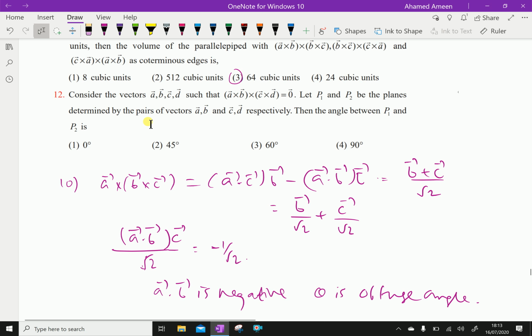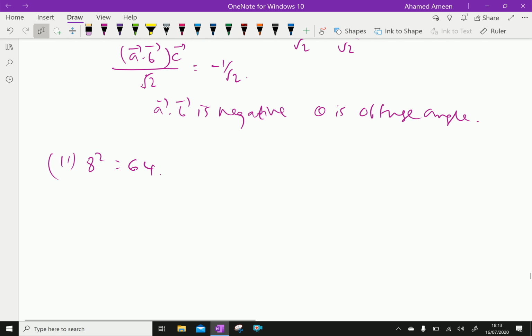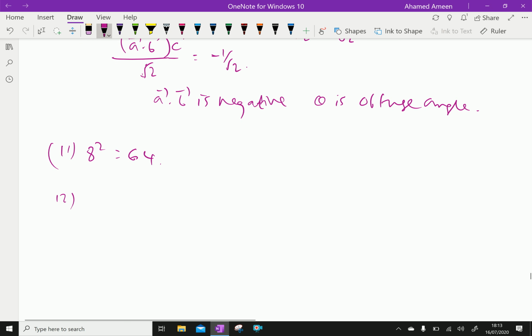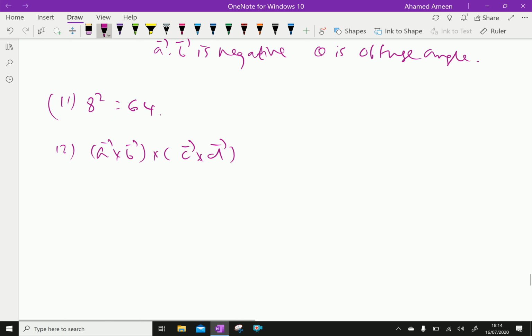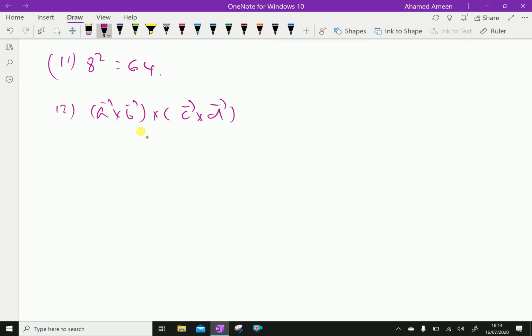Look here, question 12. It is given (A cross B) cross (C cross D) equals 0 vector. The planes determined by the pairs of vectors A, B and C, D are parallel.